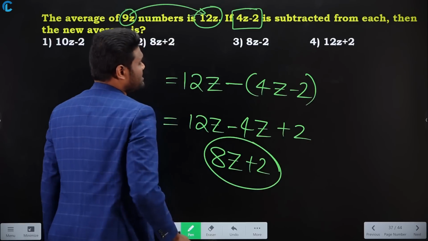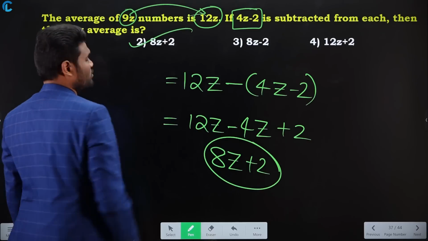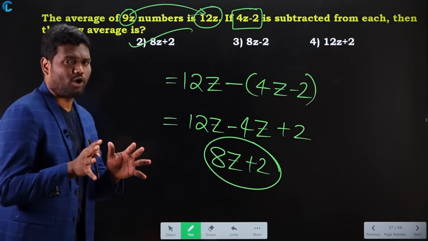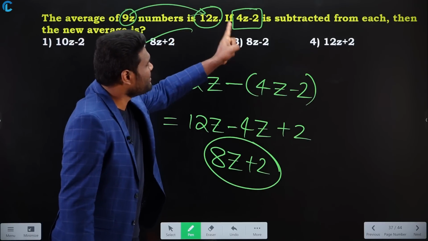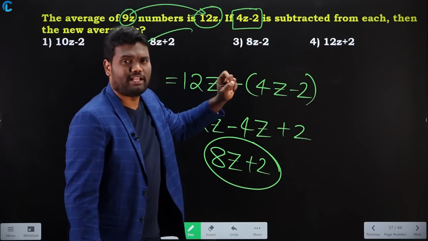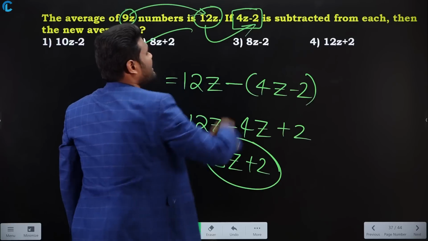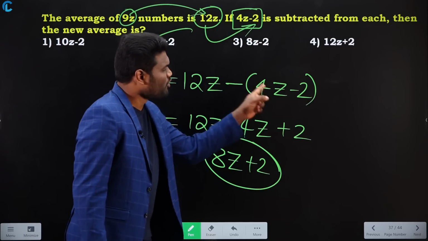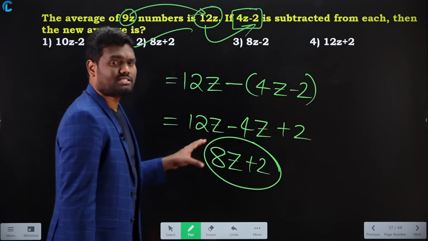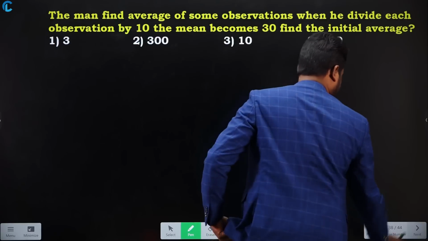So the new average is 8z plus 2, which is option 2. So simple concept: if each number is subtracted by 4z minus 2, then the average also gets subtracted by 4z minus 2. When you calculate this, it is going to be 8z plus 2.